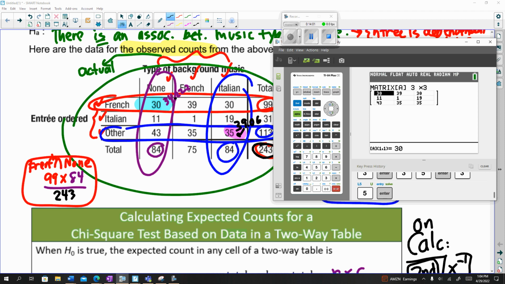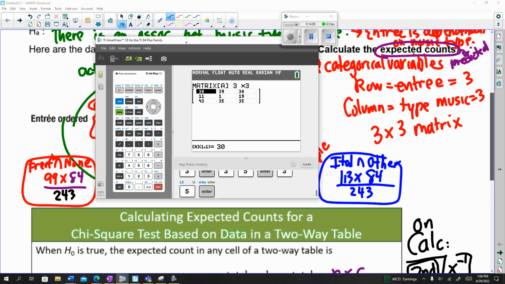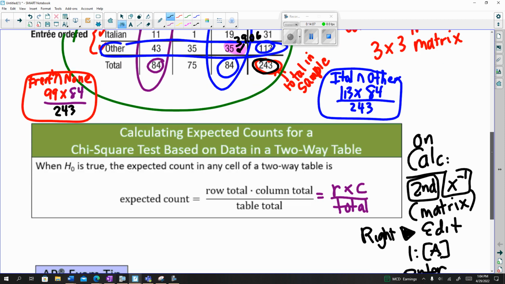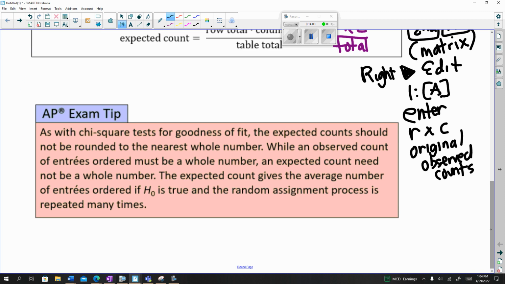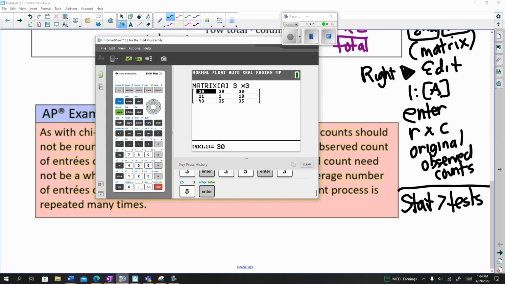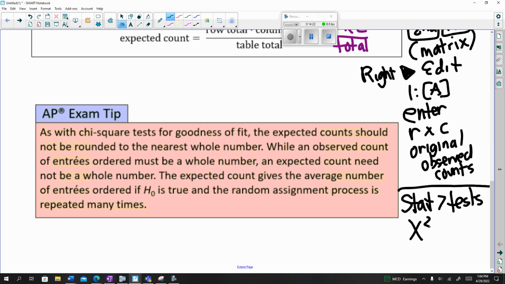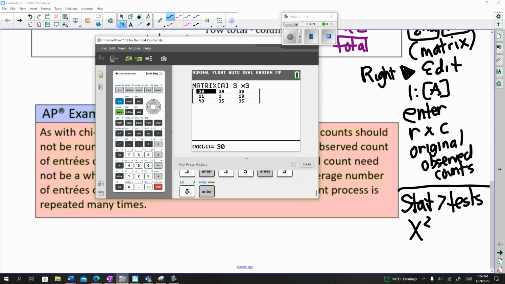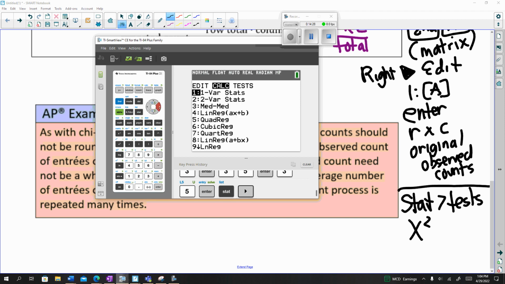So we're going to press stat, and I'm going to write this down as we go. We're going to go over to test, and we're going to choose one of the only ones that we haven't used yet, which is the chi-squared test. Let's press stat, go over to test, and then scroll up.